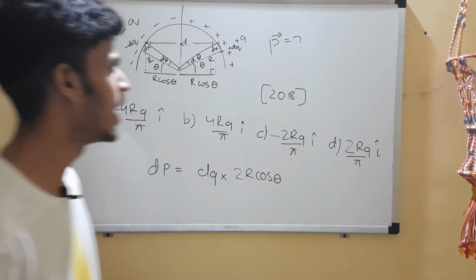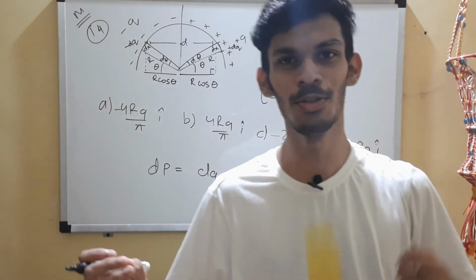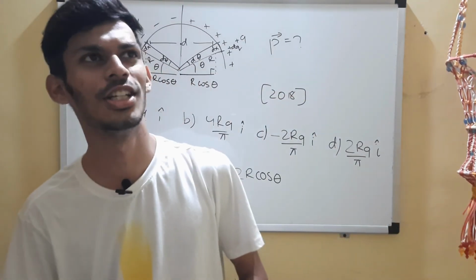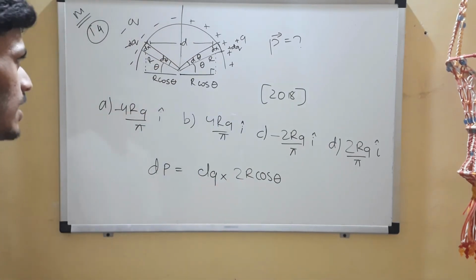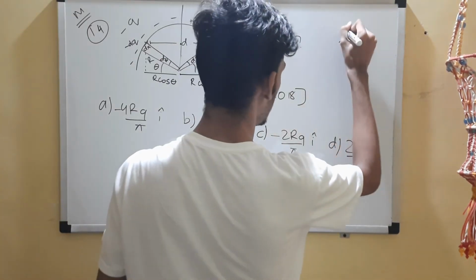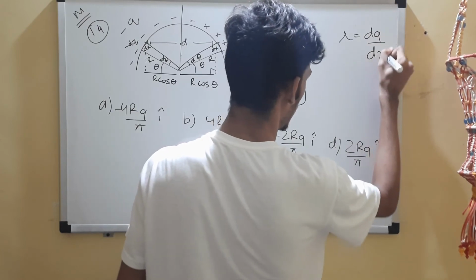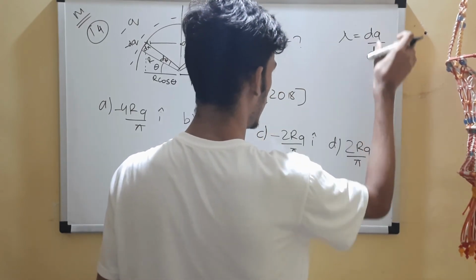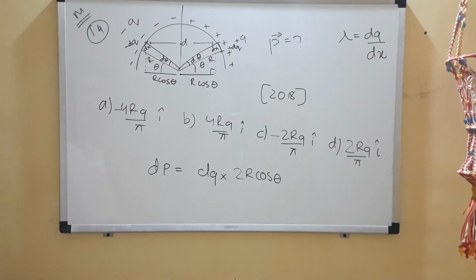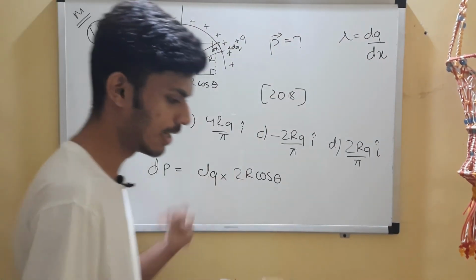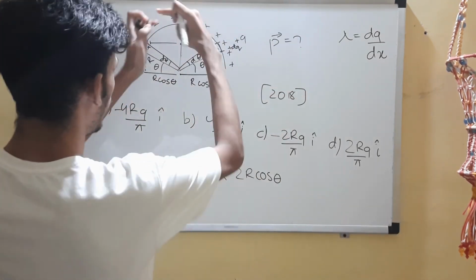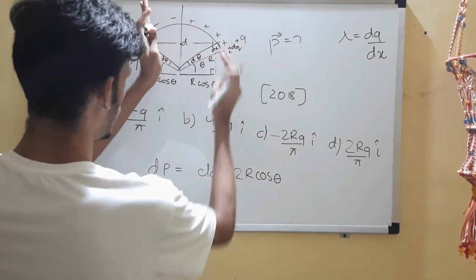Now how do we find this dq? To find this dq, we have to use a little bit of logic of your charge density. We can define charge density lambda as dq by the length of that element, the charge of that element divided by the length of that element. And lambda can be written in one more way, for this quadrant entirely.